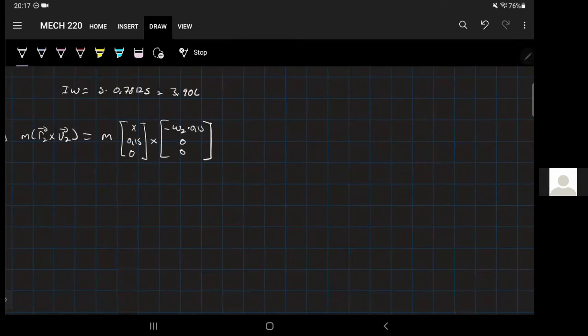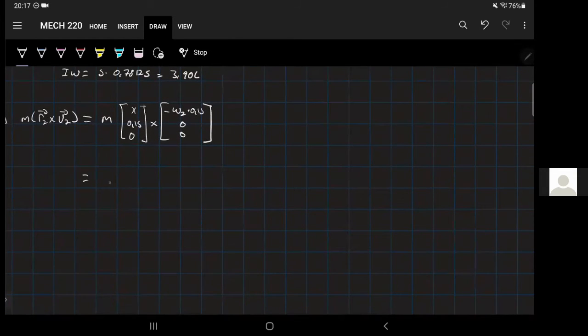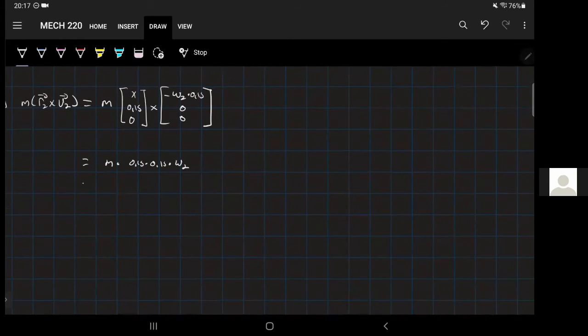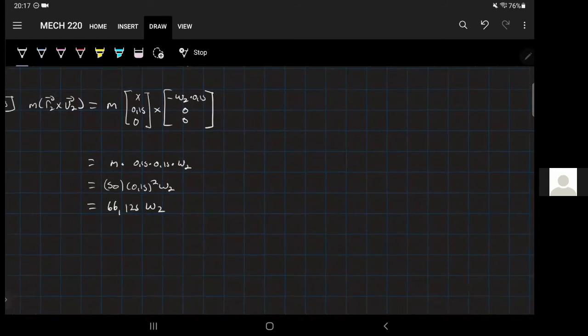And similarly as before, we get the result that it's going to be m times 0.15 times 0.15 times omega 2. All right, when we put this 50 here, we get a value of 1.125 omega 2.